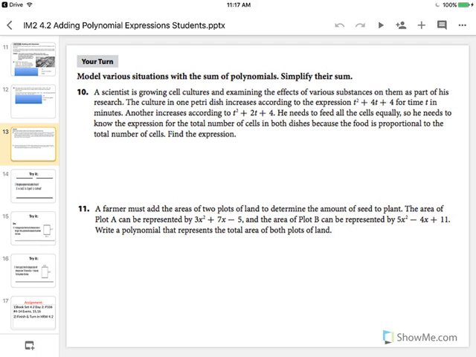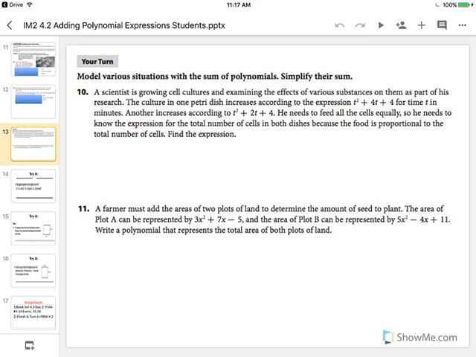Your turn. Model various situations with the sum of polynomials. Simplify their sum. For example 10, a scientist is growing cell cultures and examining the effect of various substances on them as part of his research. The culture in one petri dish increases according to the expression t squared plus 4t plus 4 for time t in minutes.